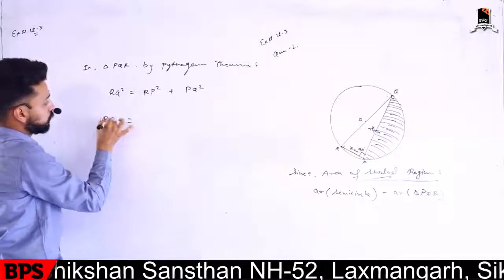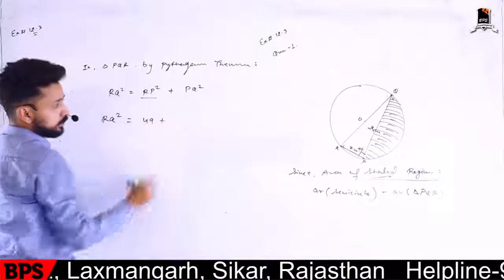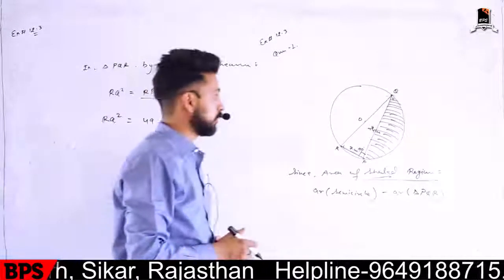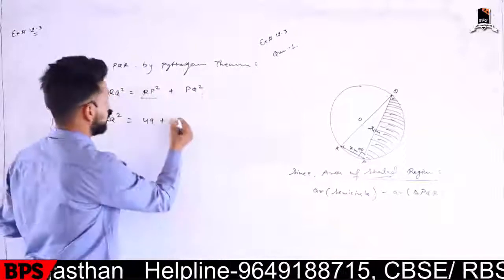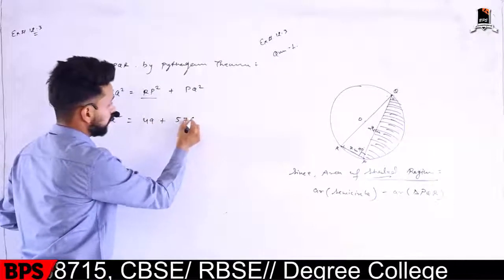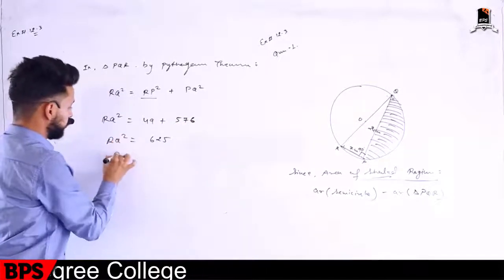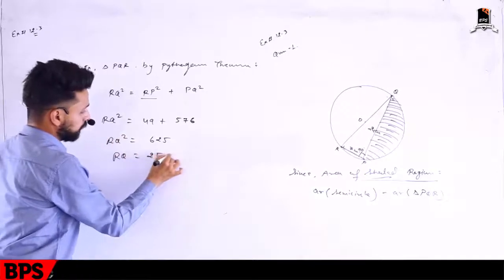Then RQ square is equal to 7 square 49 plus 24 square 576. So 625 RQ square, then RQ is equal to 25 centimeter.